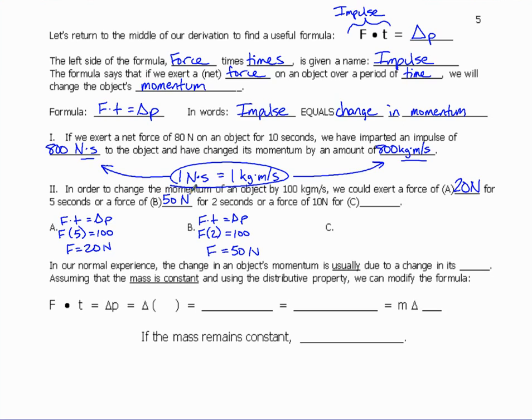Or C, if we want to use a force of 10 newtons, how long would it take? Force times time equals delta P, change in momentum. With 10 newtons, it would require a time of 10 seconds.